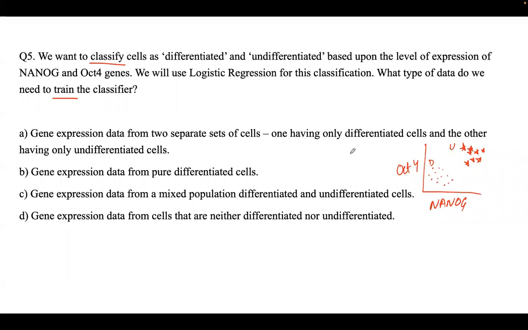Now when you want to classify cells, when you have a mixed expression level, you have these different points, and then you know, okay, maybe these ones are differentiated, maybe these ones are undifferentiated, something like that. So to begin with, you need to have an expression from two different values, right?